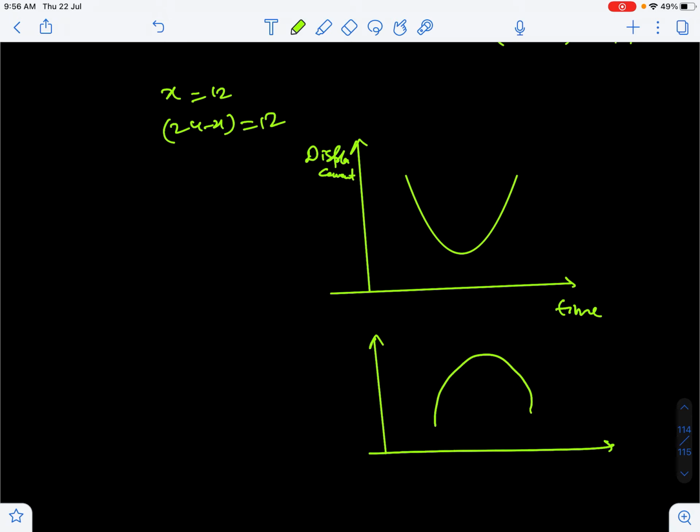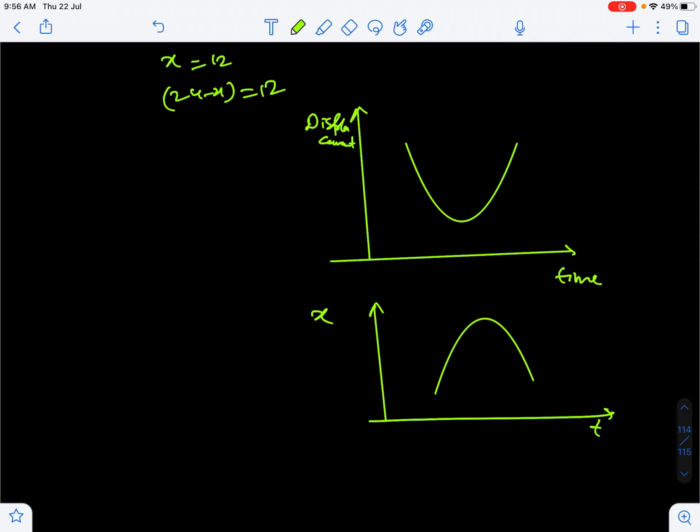If you remember, I have discussed the upward parabola and downward parabola. This is the xt graph, the displacement time graph. So guys, I already told you that here the rate of change of slope is always positive. That means acceleration is always positive in one case and always negative in the other. I just gave you this as a thumb rule and told you I will discuss it later.